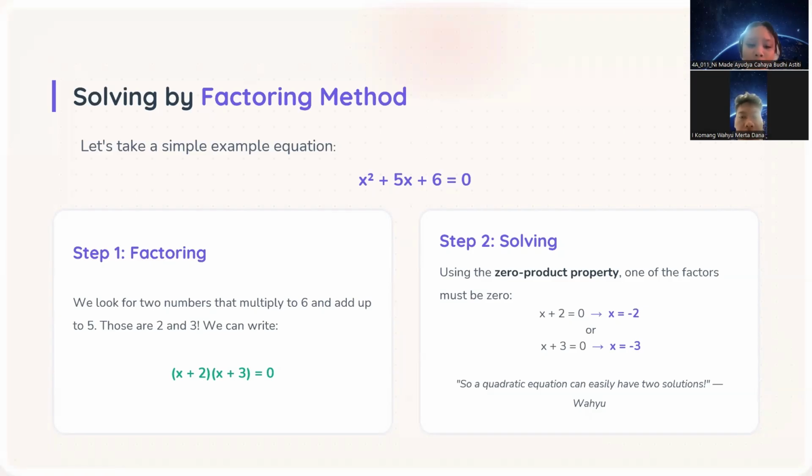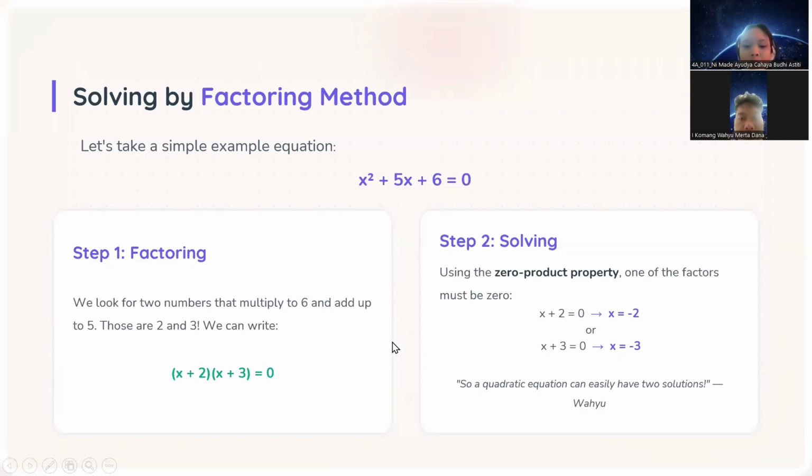Then we factor it, so it becomes x plus 2 times x plus 3 equals 0. We look for two numbers that multiply to 6 and add up to 5. Those are 2 and 3.